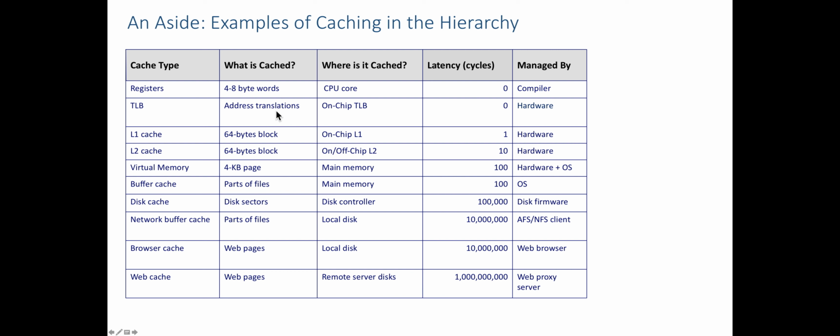We're going to talk about address translations in a little while, and so there's a little bit of buffering that happens for those. But there's some very interesting things, like chapter 9 of your book is all about virtual memory. And in reality, when you're running a pretty large program, you often don't have the whole program in main memory. And so part of it is being cached even onto our disk.